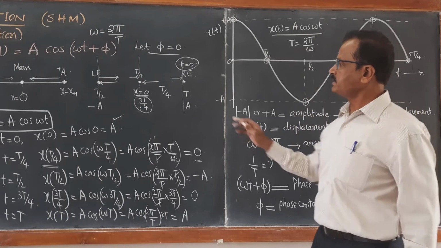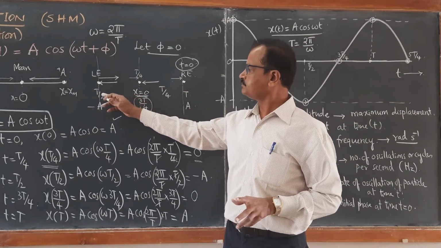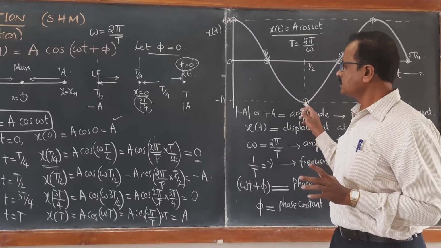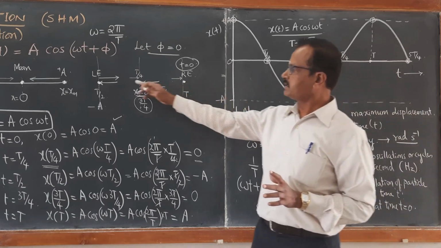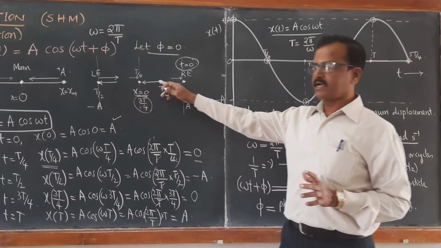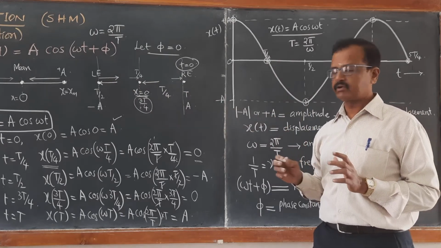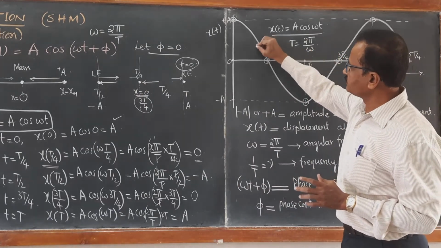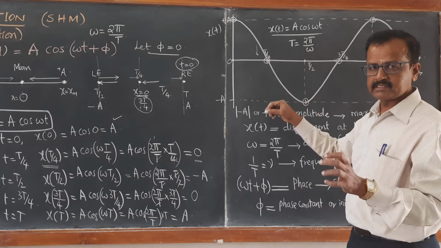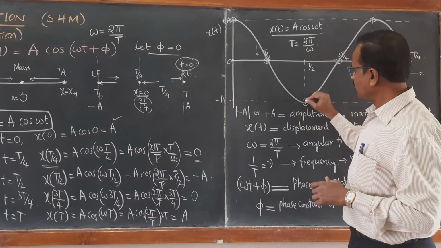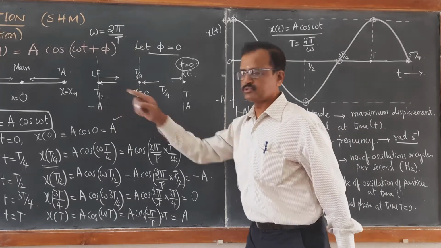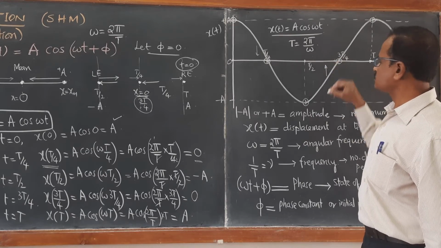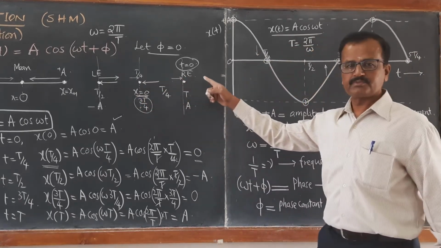At t by 2, it is again moving towards the left side and reaching the other extreme position. Now you see the phase changes. After t by 2, the particle returns back because of the restoring force acting on it. Initially the motion is towards negative displacement, until it reaches the negative extreme position, minus amplitude A. After this the phase changes, and it has positive displacement.